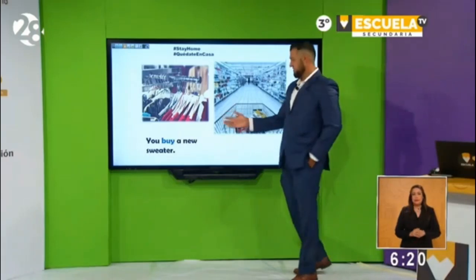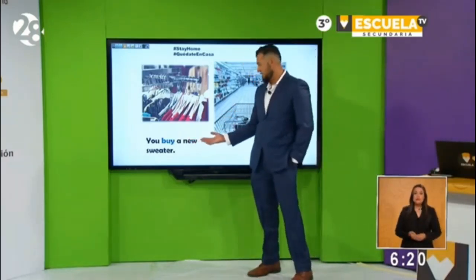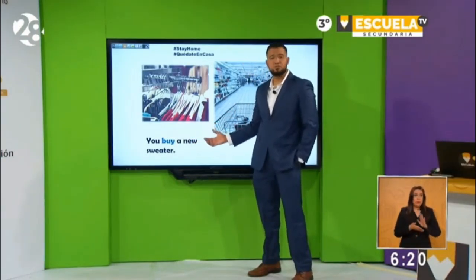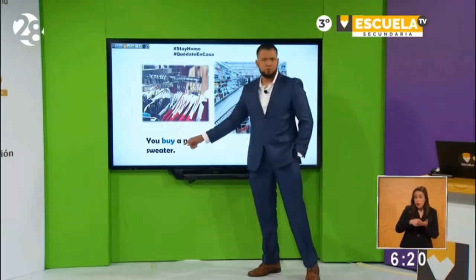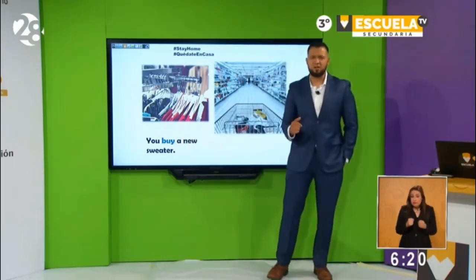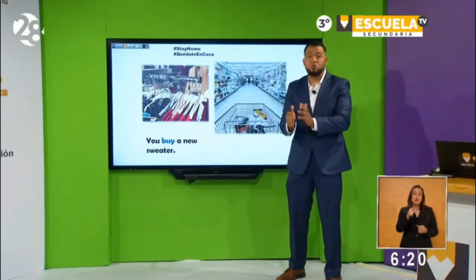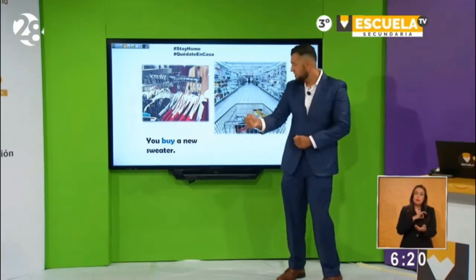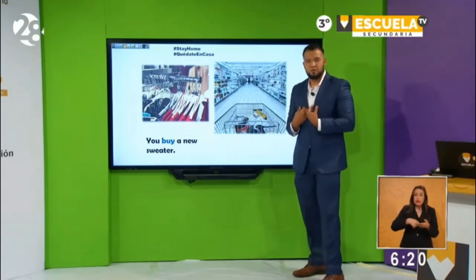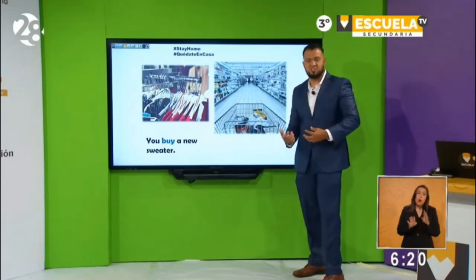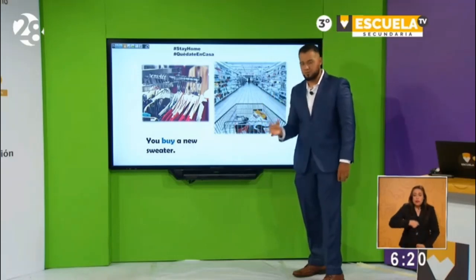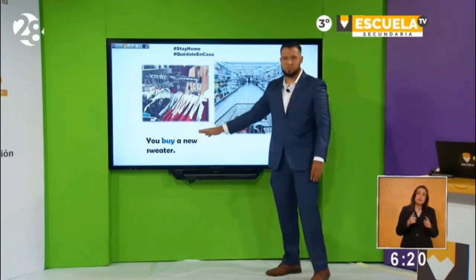In the present, you buy a new sweater. You buy a new sweater. What is the action in blue, please? What is the action in blue? Buy. Well, buy, it's when you give money or when you use your credit card to receive a product, like sweaters, like jeans, like pants, like a cell phone, etc. Well, but that is in the present.